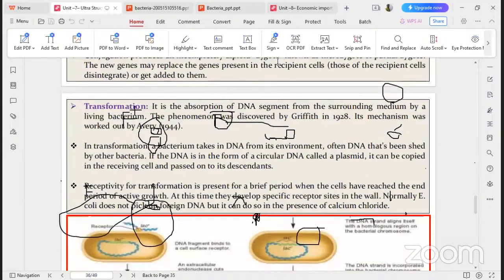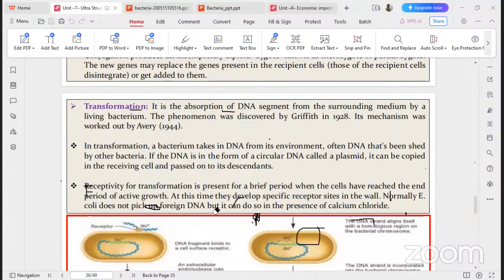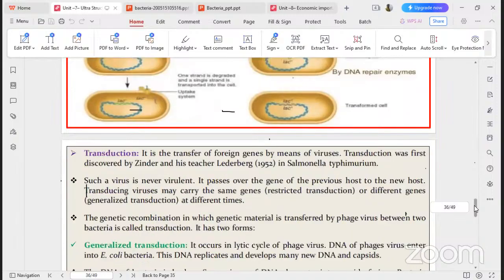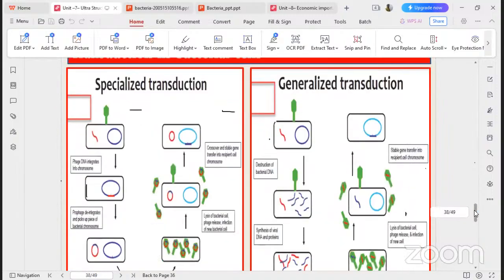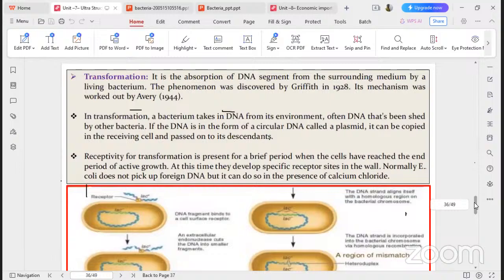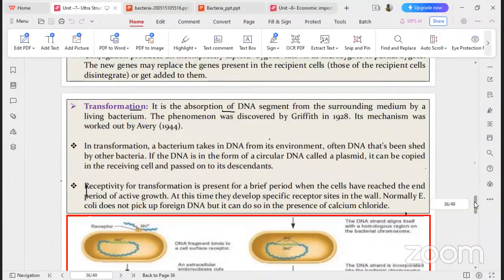And the next is transformation. Transformation means transforming the genetic material from one to the other.